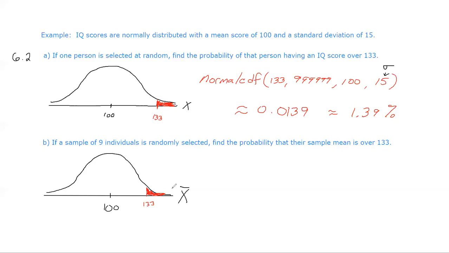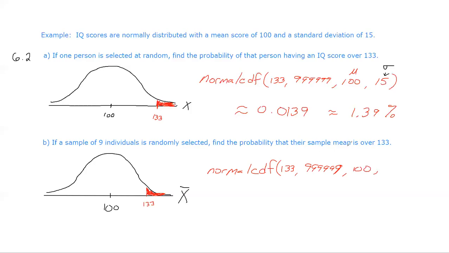So a lot of this is going to stay the same. It's still normal CDF because we are still trying to find a probability. The lower bound is still 133. The upper bound is still a really big number because it includes this tail. So I'm just going to throw a really big value in there. The mean, mu, I get to use the same value, so I'm going to put 100.